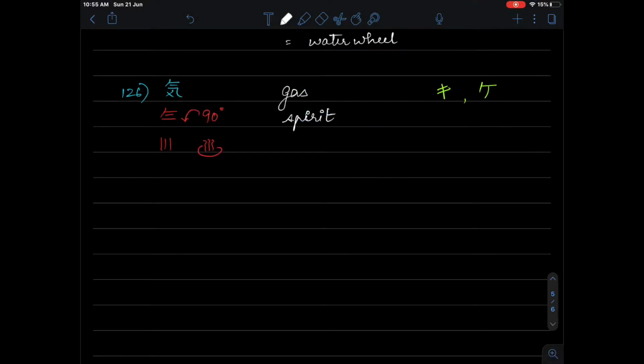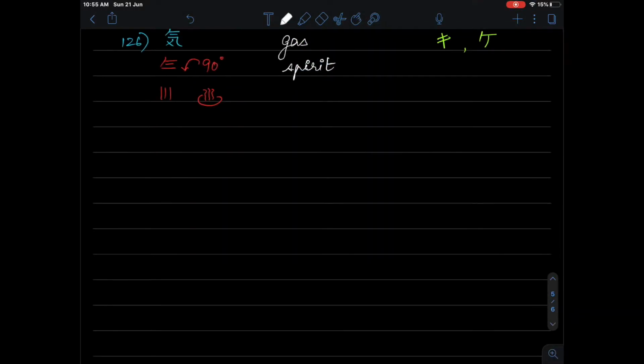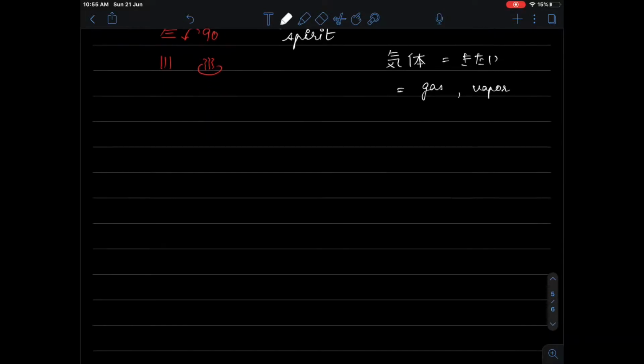Let's move to some words. This is kitai, which is the body of the gas or vapor, which means gas or vapor.